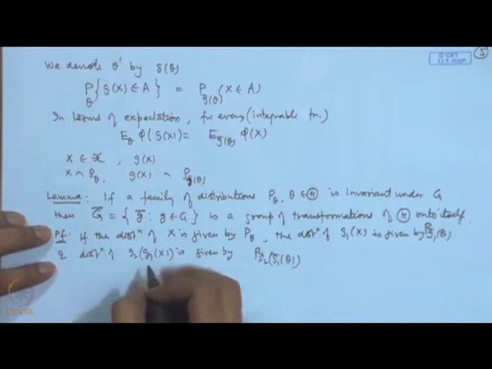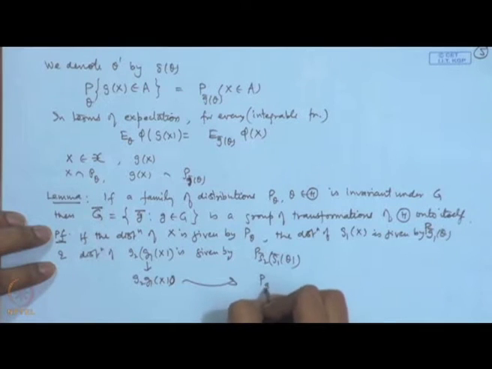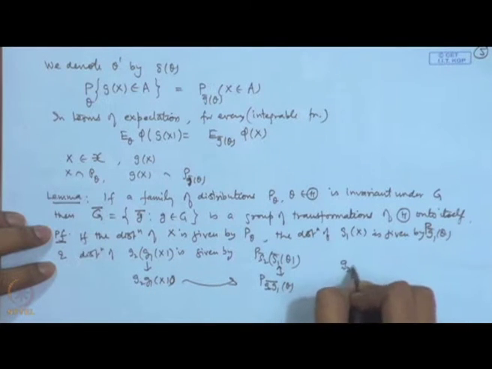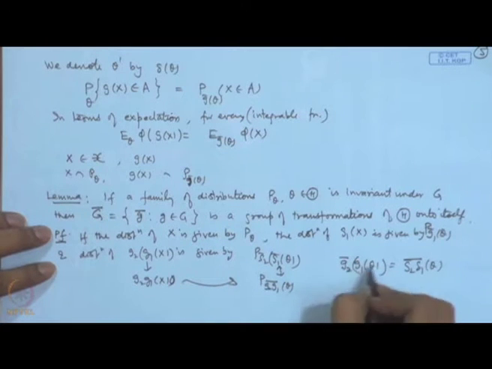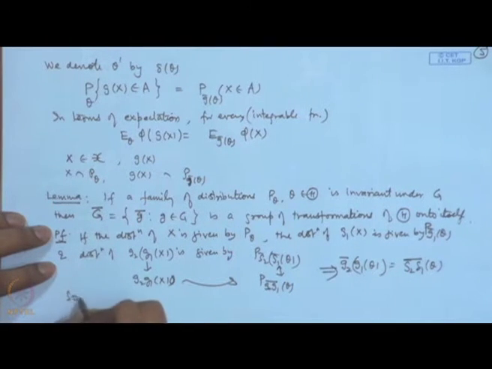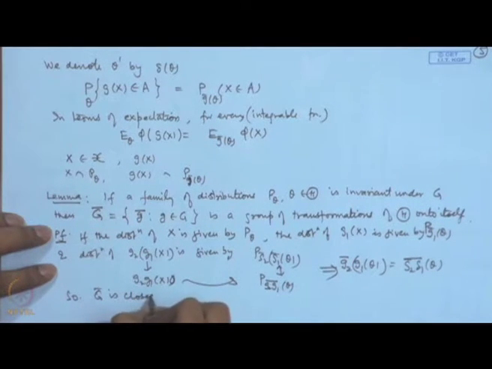But this is equal to g 2 of g 1 of x, and this distribution is given by p of g 2 g 1 bar theta. So, these two should be same. Because of the uniqueness, you are getting that g 2 bar g 1 bar theta is equal to g 2 g 1 bar theta. So, closure property is satisfied, is closed under composition.